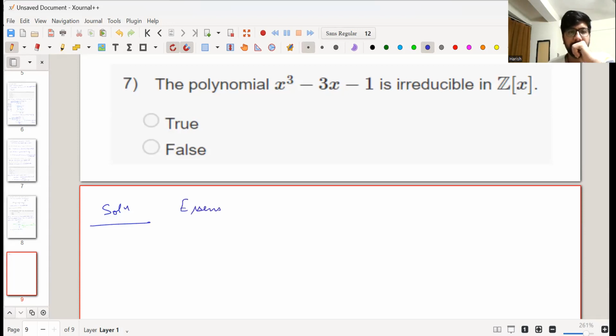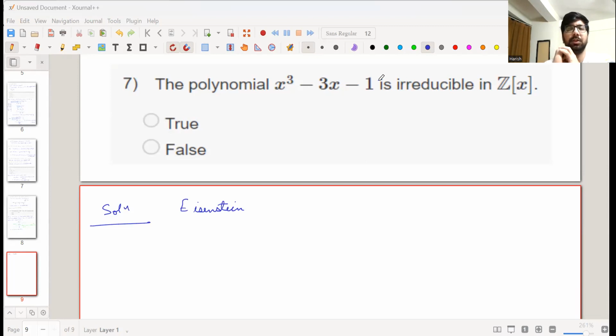Because the a naught term is -1, there is no p which is dividing it, right? I think we should do mod n for some n. Okay, mod n thing gives you Eisenstein criteria, right?